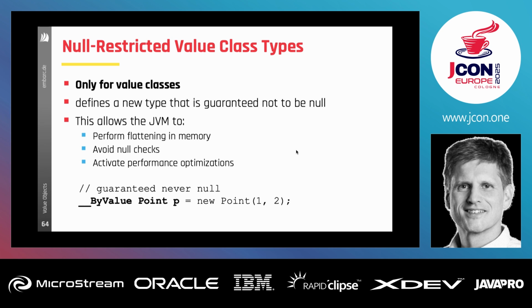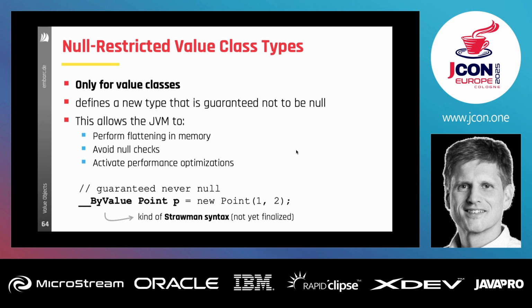And the implementation could look like this, but this JEP is in quite an early draft, so I think it won't be the final implementation. This keyword __ByValue is kind of a strawman syntax, and it's not finalized yet. When you have a look at all the different articles about value objects, there are quite a few blog posts on the internet, you will see they already used some different keywords instead of value, for example.